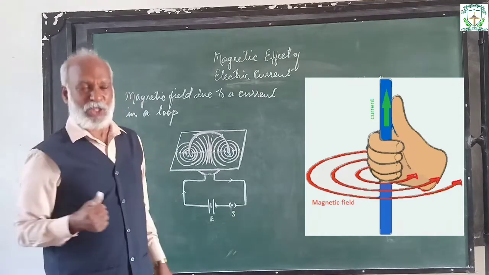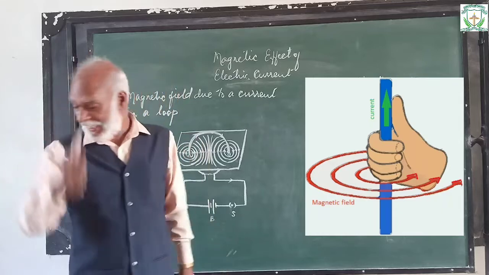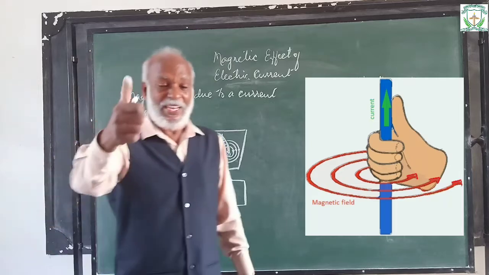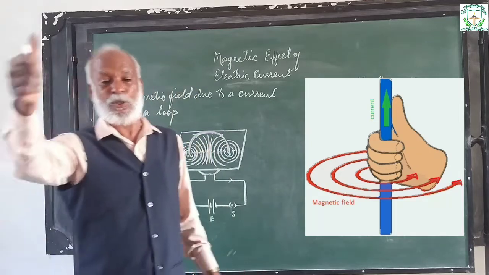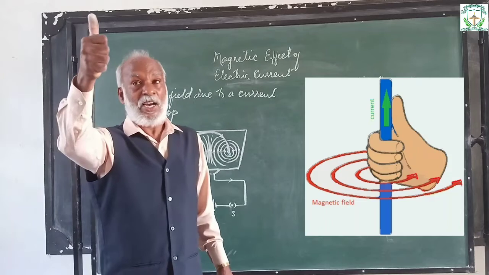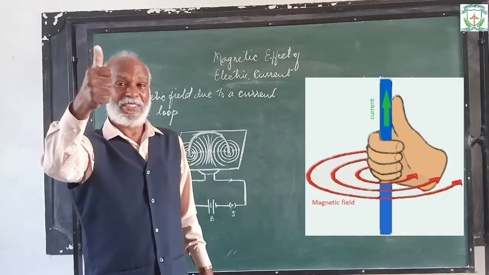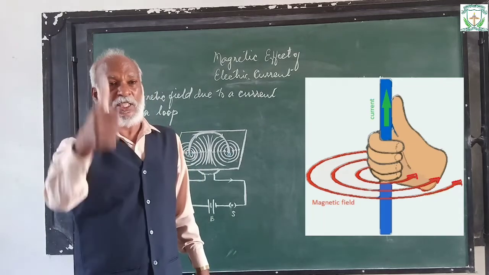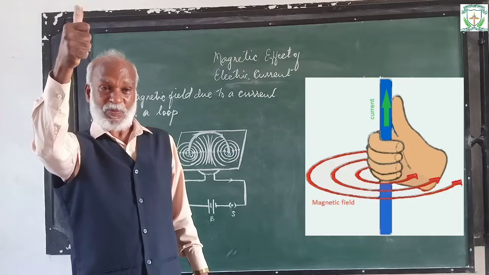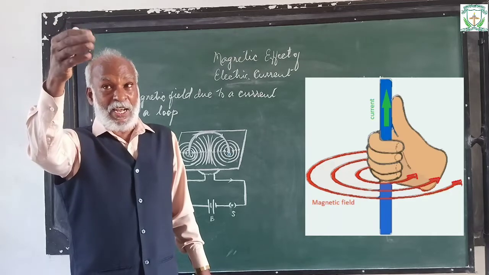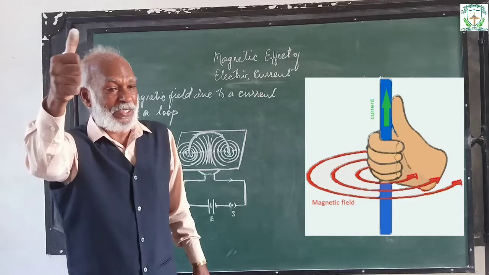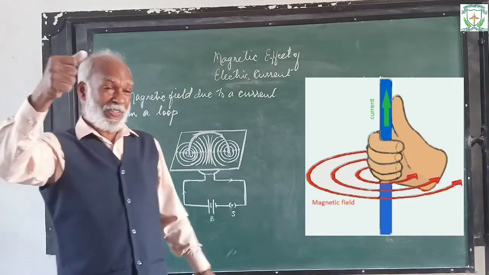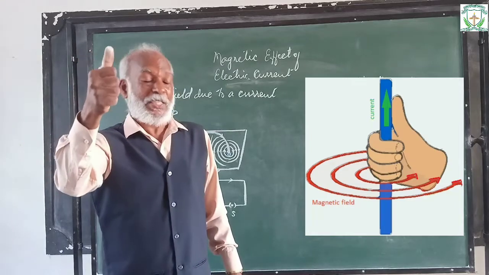So the thumb rule says, assume that this is a straight conductor held in your right hand, wherein the thumb shows the direction of flow of current, then the remaining four fingers wrapping the conductor show the direction of magnetic field produced around the conductor.